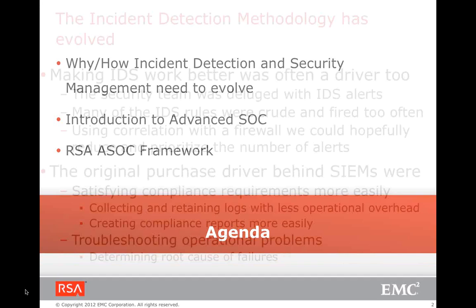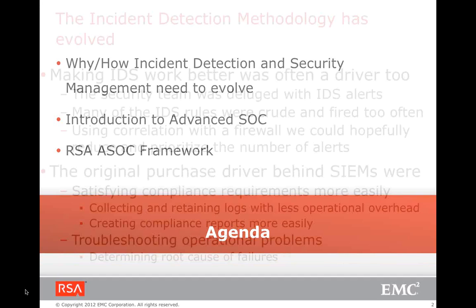I'll just wait for the screen to refresh. Still, I guess we are on slide 2. So as the screen refreshes, I'll just talk you through it. Intrusion detection systems were the primary pillar for our detection capabilities.